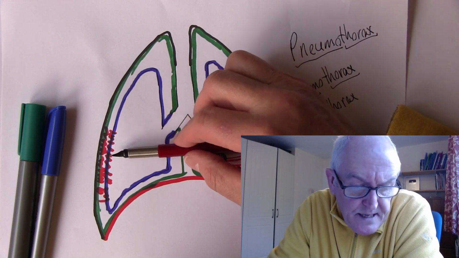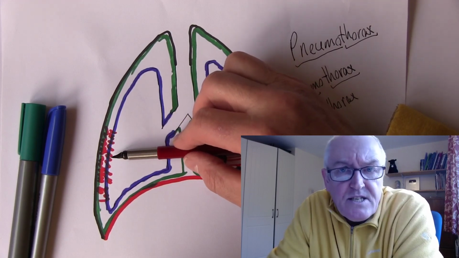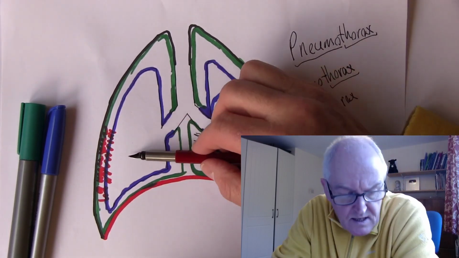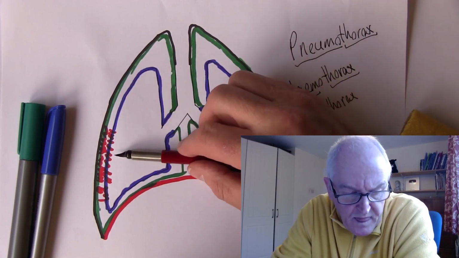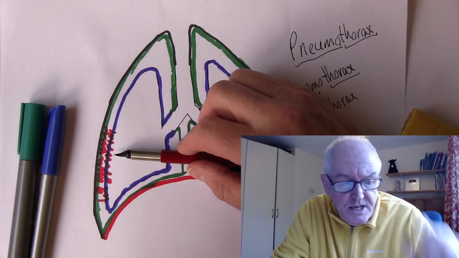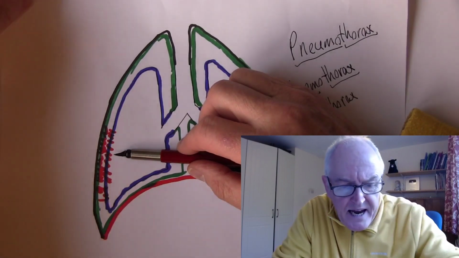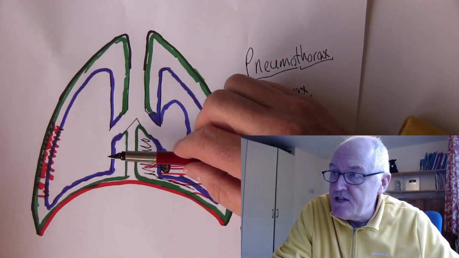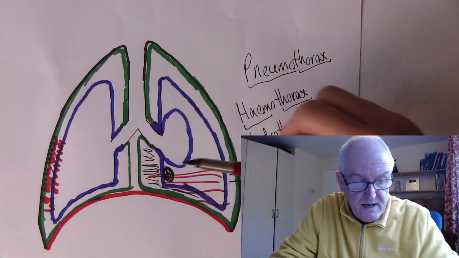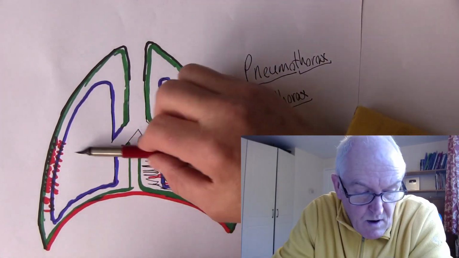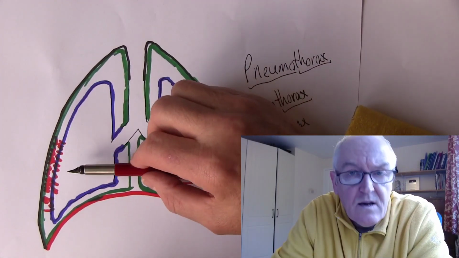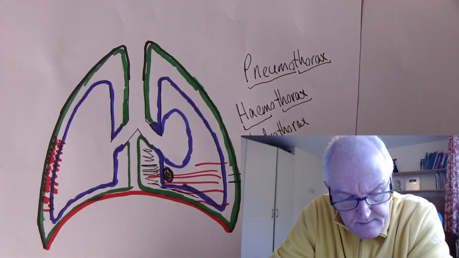That's why we like to treat these patients, probably with antibiotics, to kill the infection, to get rid of the inflammation. And also we can give them analgesics, because if someone's got a lot of pain when they move their chest, they're going to guard their chest wall. It's not going to move properly, and they're at risk of getting pneumonia in the underlying lung tissues.